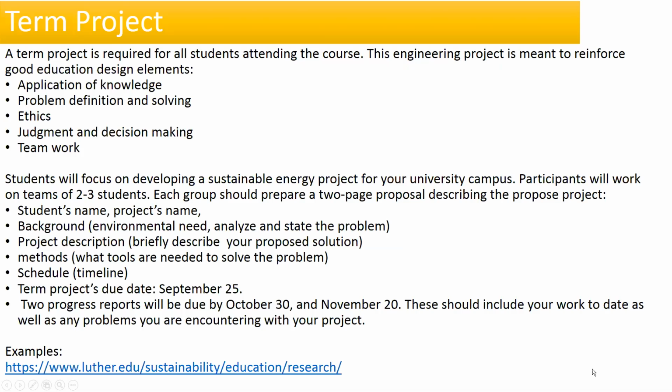What is the need to do this project in your respective campus, and give some brief statements about the state of the problem. Okay? The project description, what is the kind of proposed solution that you want to tackle, description of your methods, and the timeline. Okay? All this is due on September 25th, 2 pages.